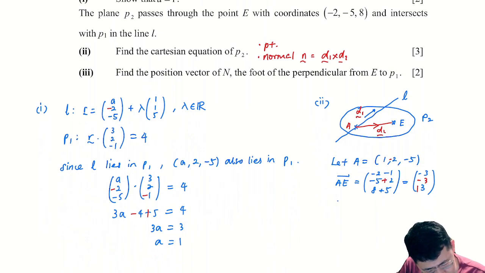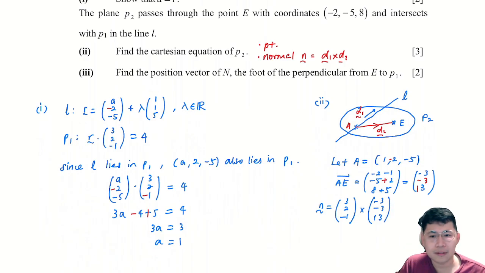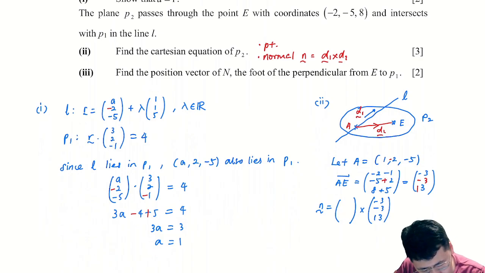So what's d1? 3, 2 and negative 1. Okay, maybe let me denote n like this. 3, 2, negative 1 cross negative 3, negative 3 and 13 over here. Okay, sorry, wrong one. It should be 1, 1, 5.